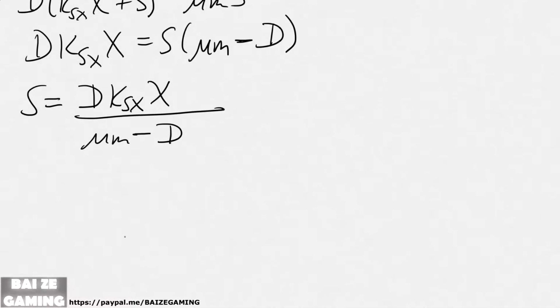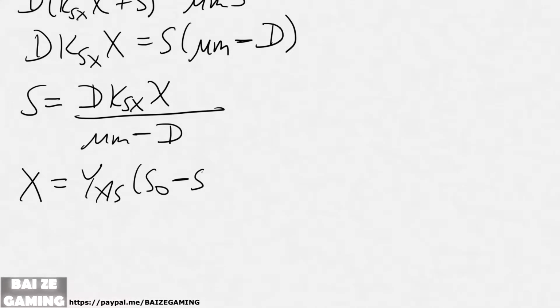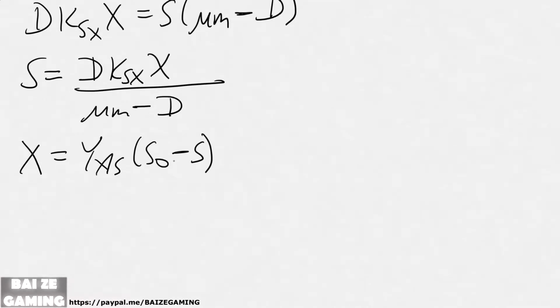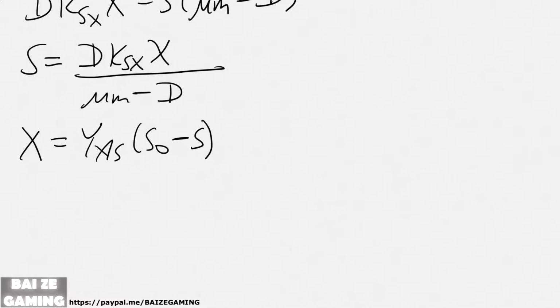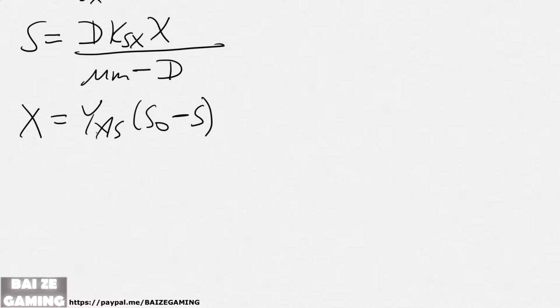Well, in this case, for the simplest case, you can actually solve for S and remove the X by plugging X back into what it is. You can prove from the mass balance that the stoichiometry for X ends up being this, because it's a very simple equation. It's just how much of the substrate you use up, the difference, multiplied by the yield coefficient, which is like a stoichiometric coefficient in this case for this biological reaction.